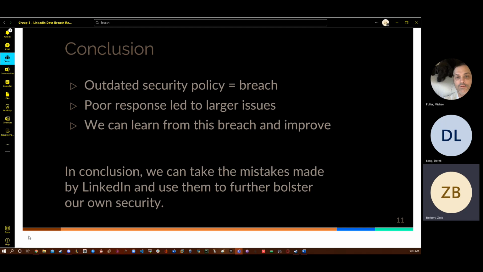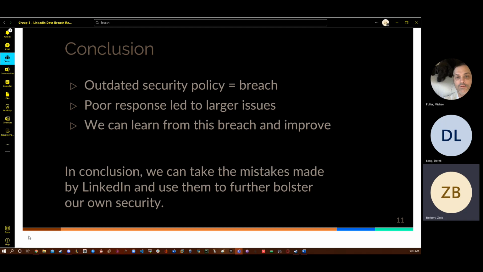In conclusion, the outdated security policy is probably most to blame for the breach. The fact that they used an older system along with not properly salting or hashing their passwords led to an easy access breach, along with the lack of multi-factor authentication.